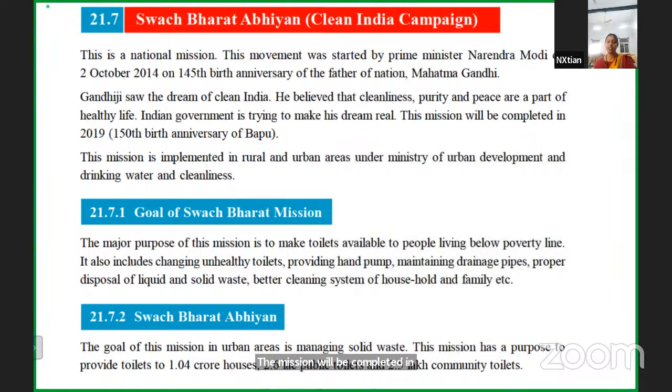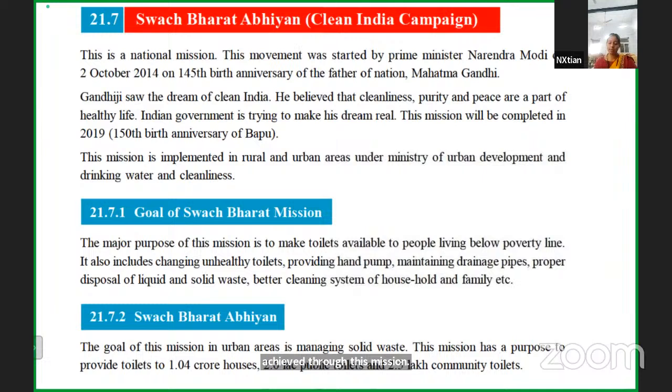Yes, Simeon, I think that this mission is completed. But we'll have to research a bit to see how much they were able to achieve through this mission.